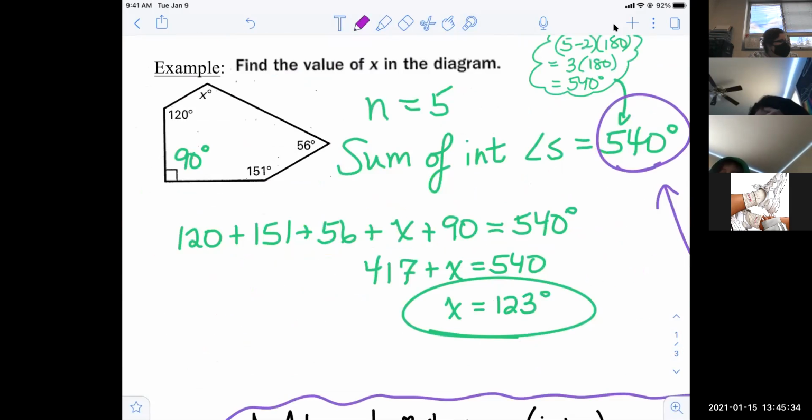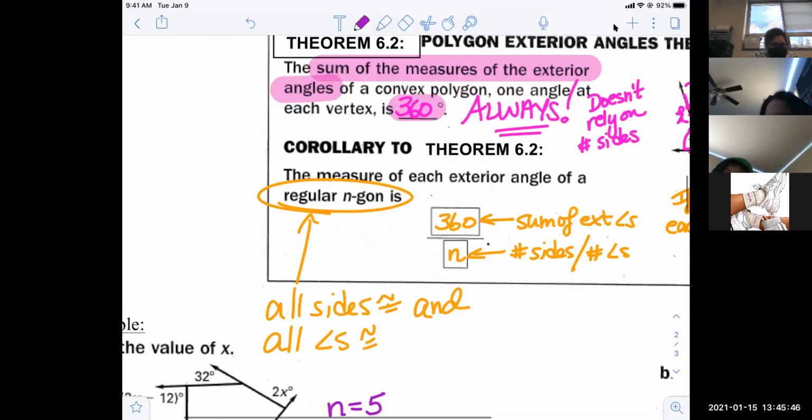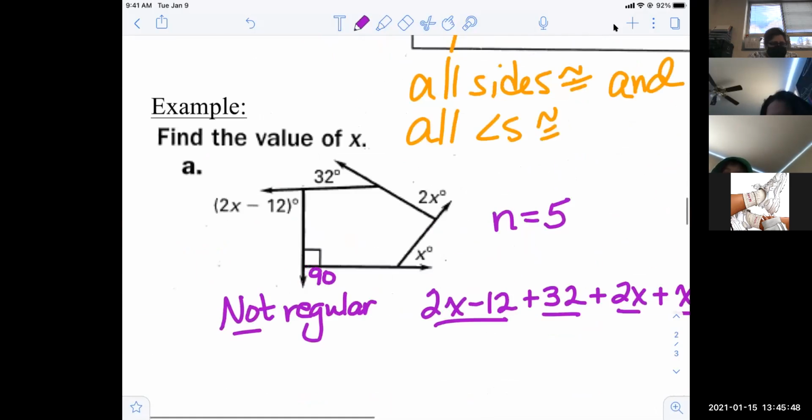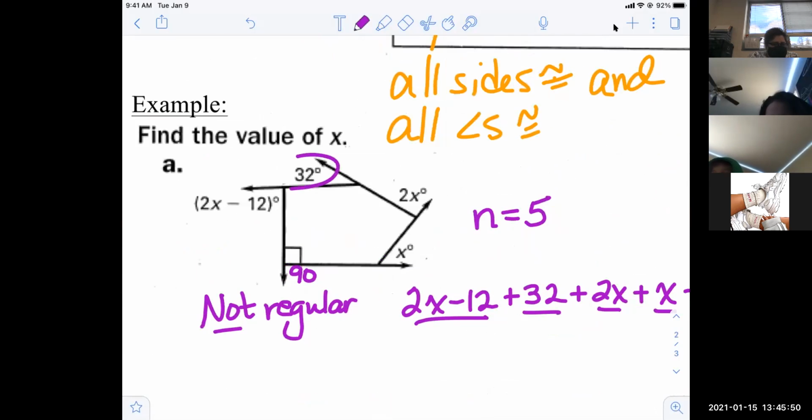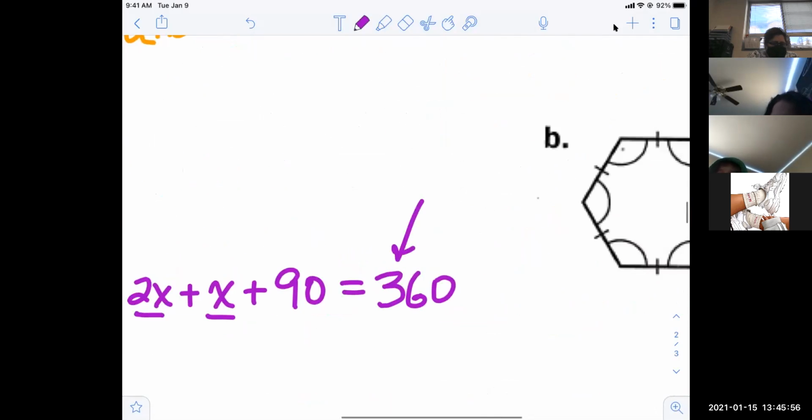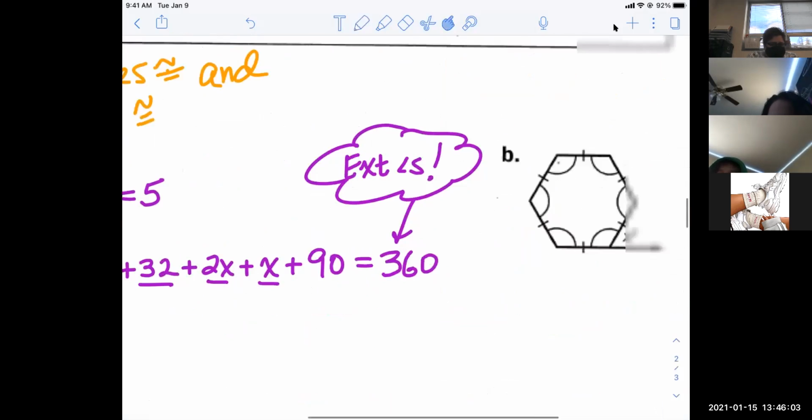Why this time is it 360, not 540? That's the interior angles, right? This one was also not regular. This time we're looking at the exterior angles. Okay, all of these are exterior angles. So exterior angles always add to 360. Always, always, always. Doesn't even matter how many sides there are.